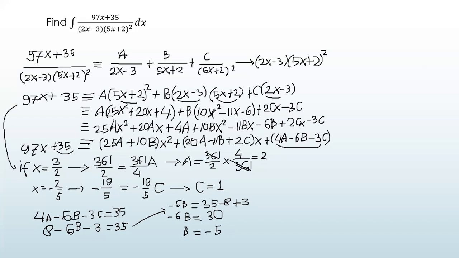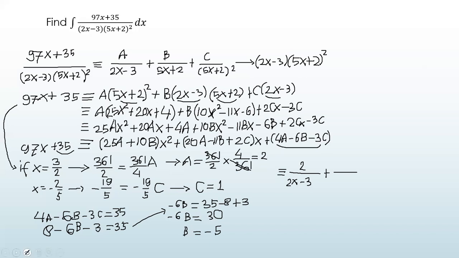Now, how about this partial fraction? These algebraic expressions become like this, the partial fraction. 2, why 2? Because A equals 2. 2 over 2x minus 3 plus B, how much?